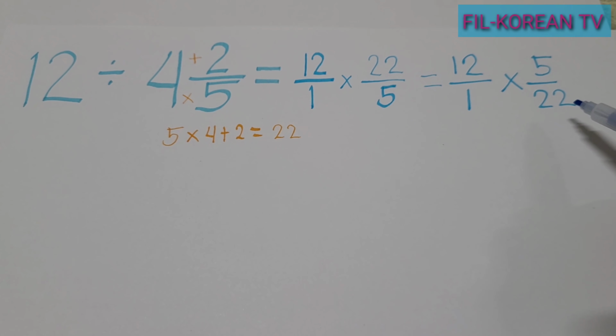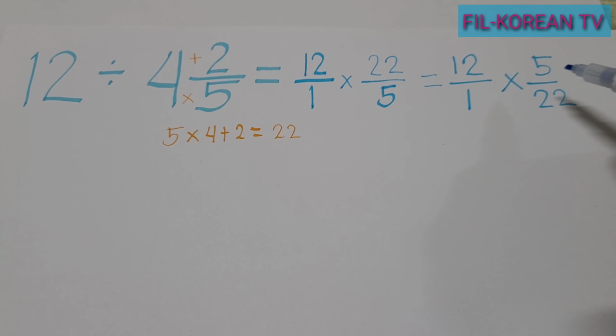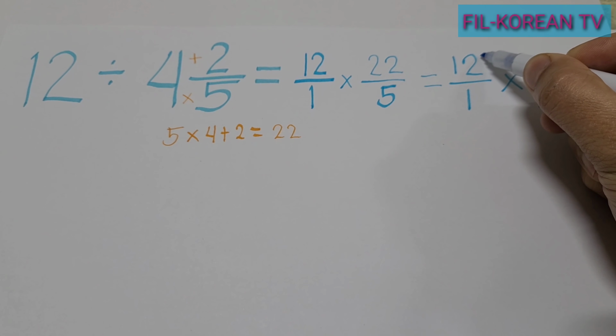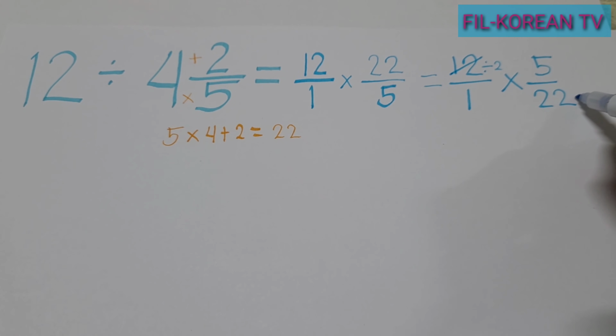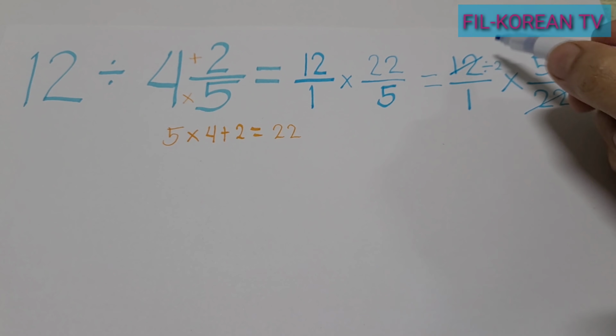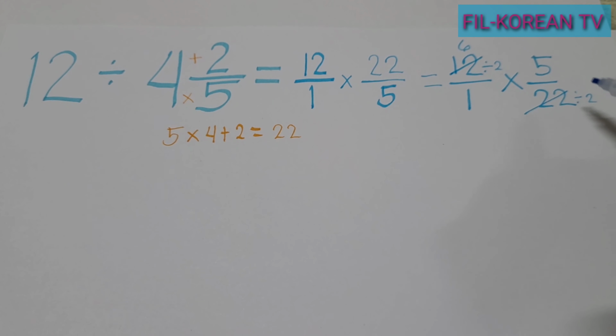Kaya i-divide natin ito sa GCF nila. Ang GCF ng 12 at saka 22 is 2. Kaya i-divide natin sila sa 2. Cancel. Divided by 2. Divided by 2. Okay. 12 divided by 2 equals 6. 22 divided by 2 equals 11.